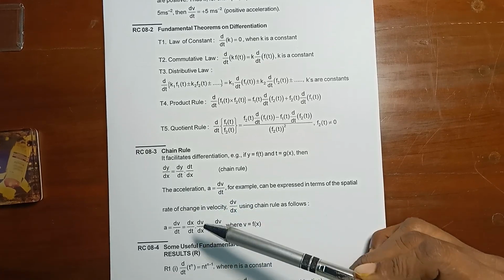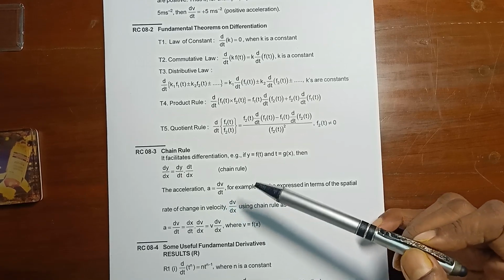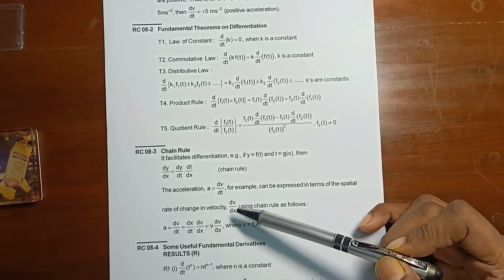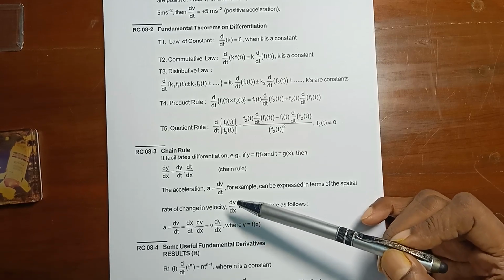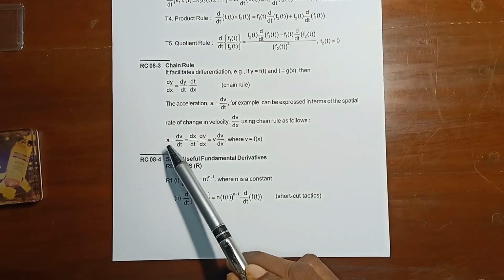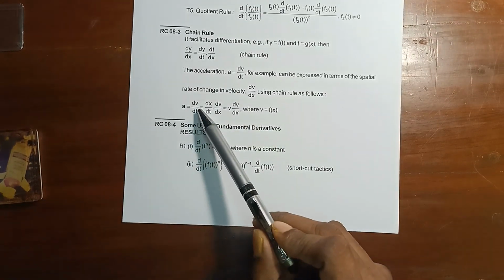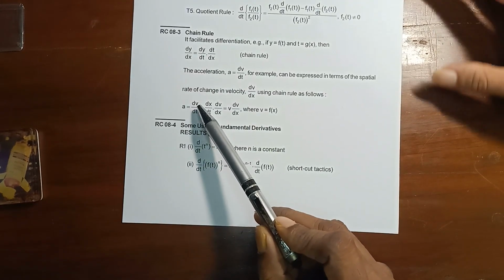An example: suppose acceleration equals dv/dt when the velocity is a function of t. Now we like to find the acceleration when the velocity is a function of x. Acceleration a is equal to dv/dt. There dv/dt cannot be operated directly because v is not a function of t, v is a function of x.